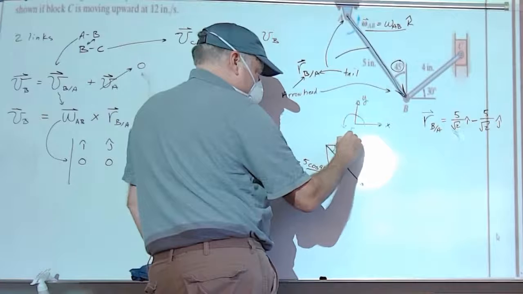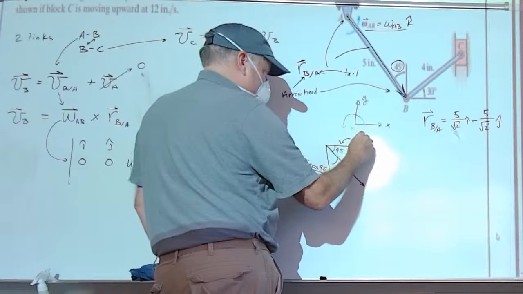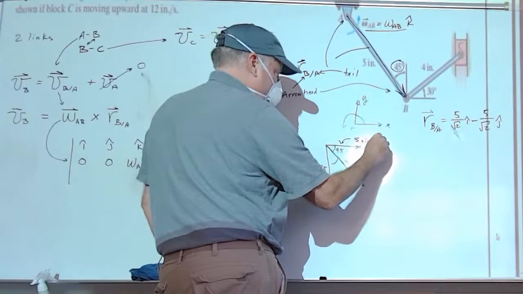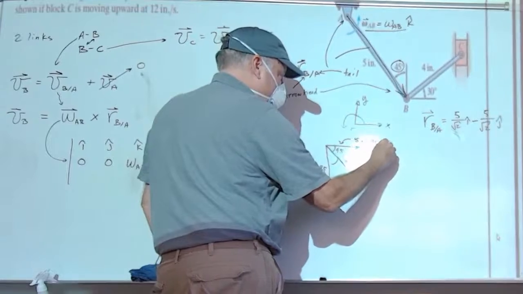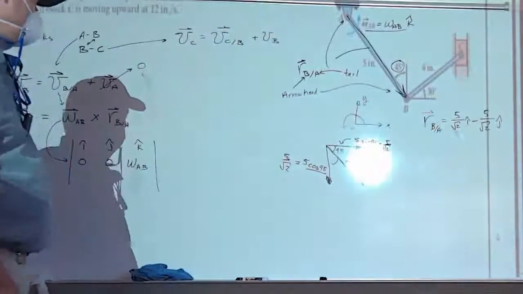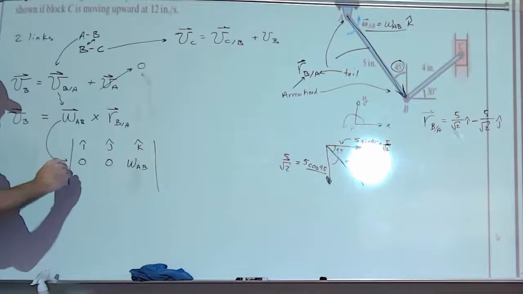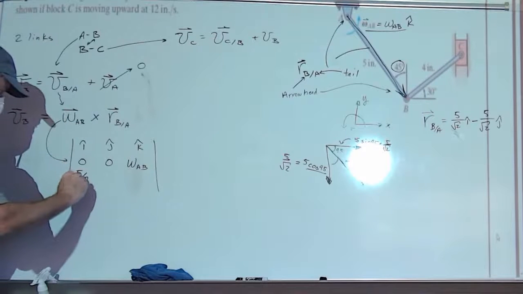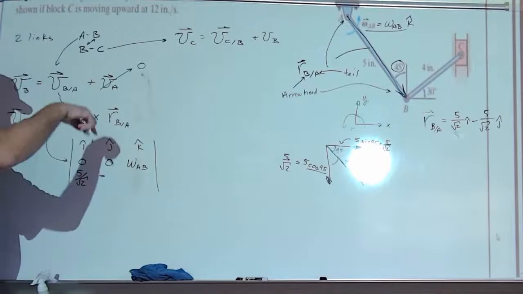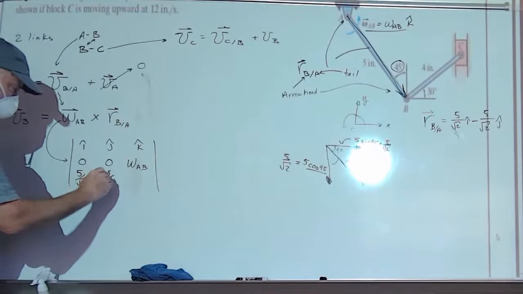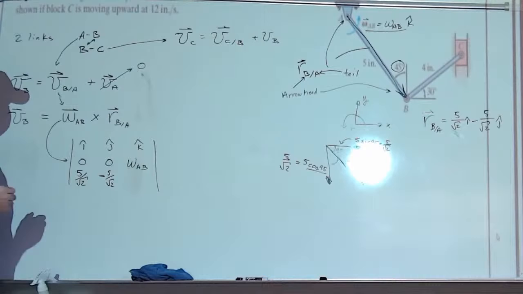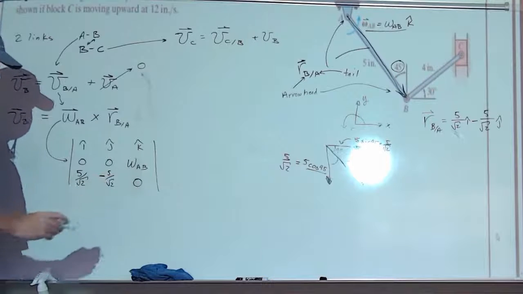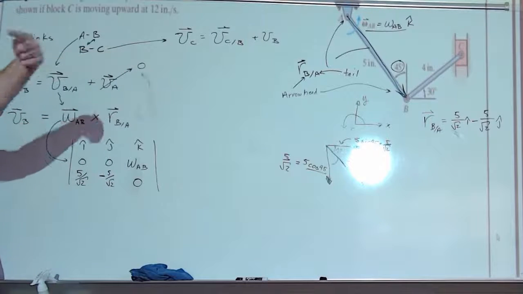Turns out you end up with the same thing there. So going to the right, 5 over square root of 2, going down, 5 over square root of 2. Oh, and 0. The vector isn't going into or out of the plane.